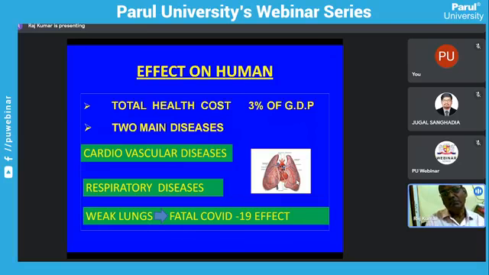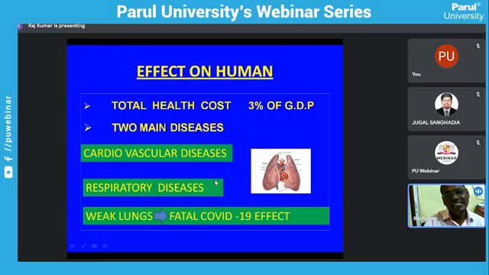A total of 30% of GDP goes on health. Now it might have increased; this is earlier data. Why? Because, as we have seen in the case of corona, how much the health infrastructure has cost the GDP.